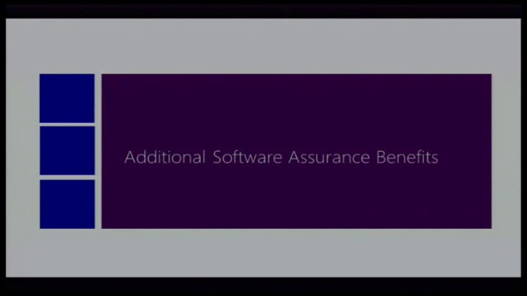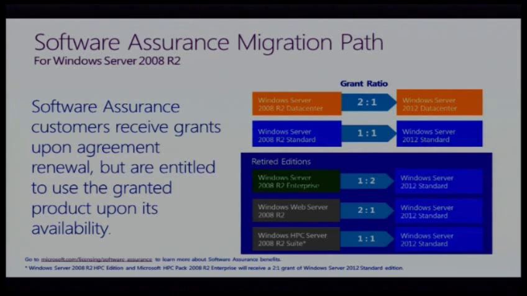Let us now look at the additional benefits provided to Software Assurance customers. Customers with active Software Assurance at general availability of Windows Server 2012 received equal or greater value than what they previously had. Let's look at the value made available to Software Assurance customers with each transition.